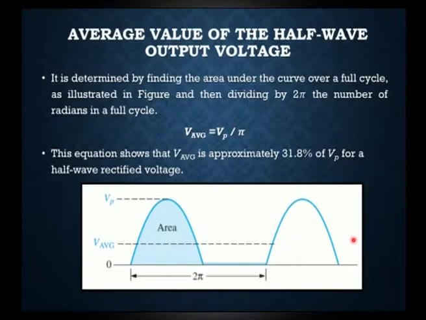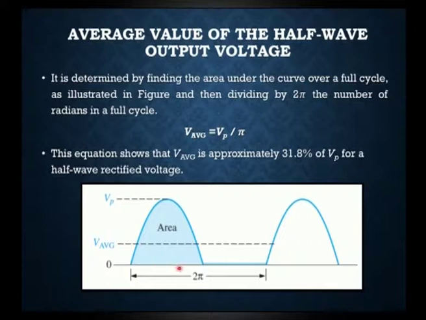Next we move on to the average value. How are we going to find the average value in a half wave rectifier? It is determined by finding the area under the curve over a full cycle, as illustrated here, and it has to be divided by 2 pi, the number of radians in a full cycle.